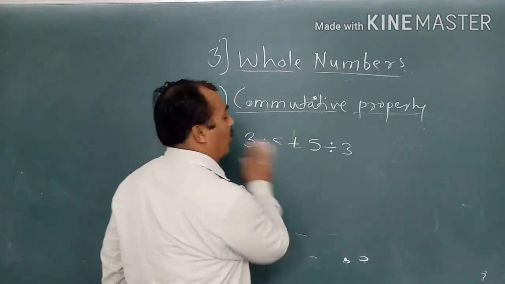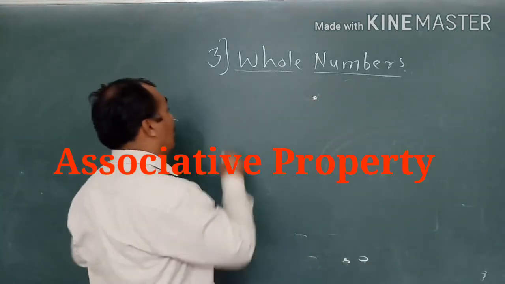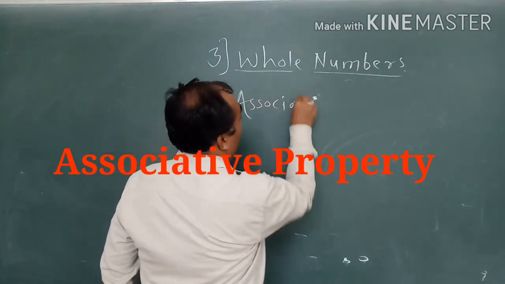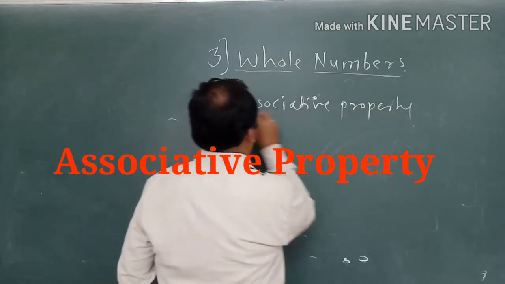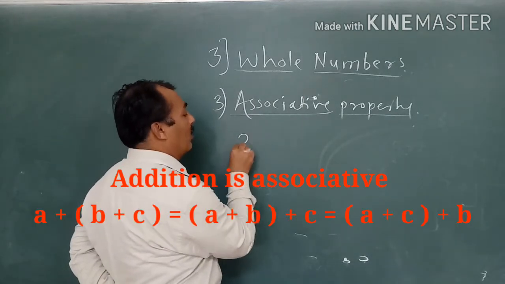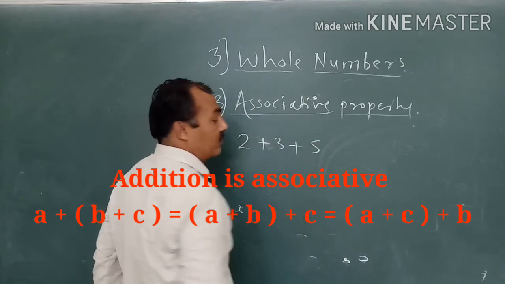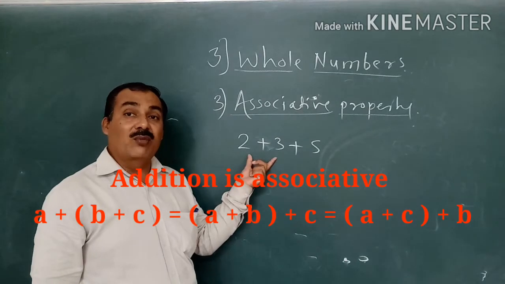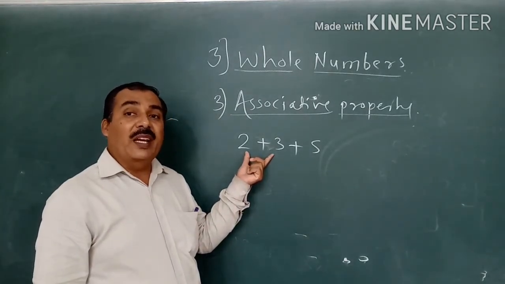Now let us see the next property, associative property. Suppose there are more than two numbers, 2 plus 3 plus 5. If there are more than two numbers, then we can group them in any way.